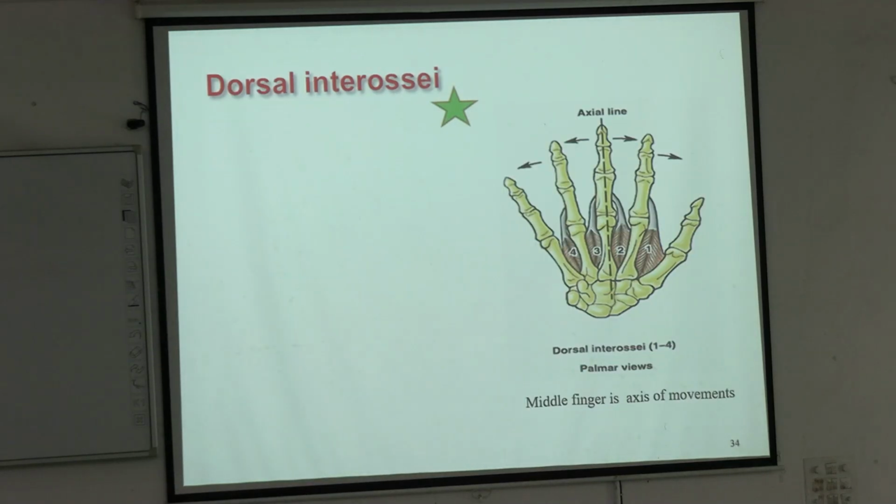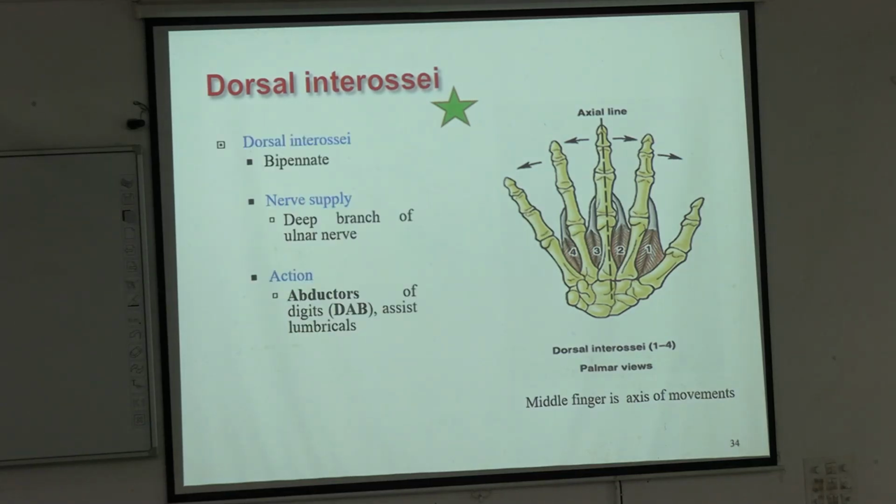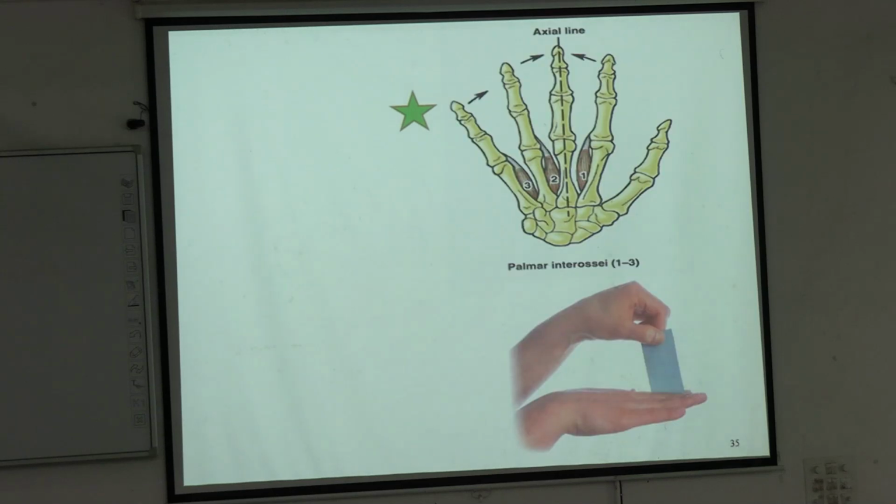Then we are left with the interossei. Both the dorsal interossei and the ventral or palmar interossei are supplied by the ulnar nerve. These interossei do abduction and adduction of the fingers.